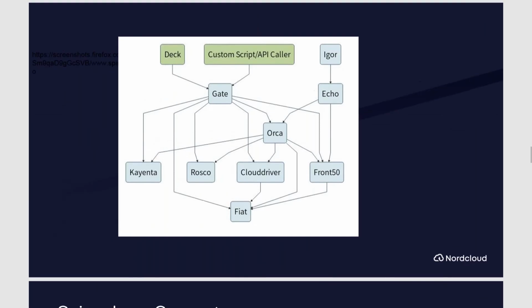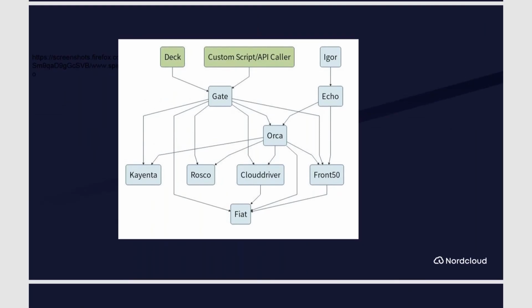And here you can see a high-level diagram of how the different services integrate with each other. So in front we have Deck, and we have Gate, which is the API, and the other services mostly work in the background.